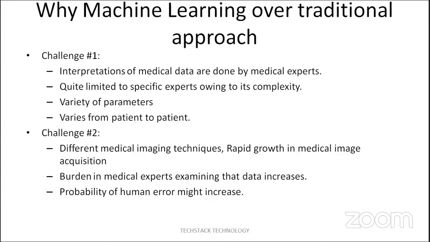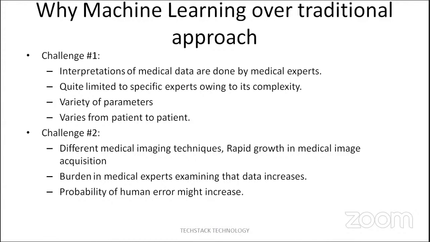Another challenge is, as I said a little bit earlier, different medical imaging techniques will be there. This is because of the rapid growth in the medical imaging acquisition process. So a huge volume of data is available at one end, and a very limited number of experts, especially medical doctors, are there at the other end.